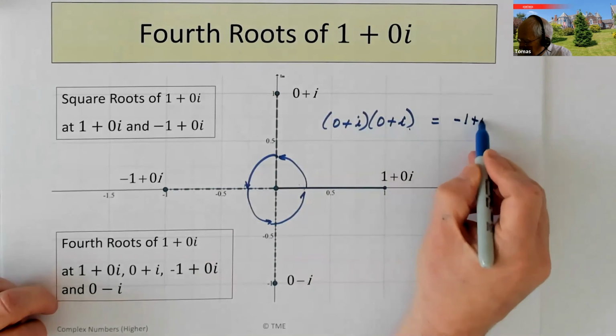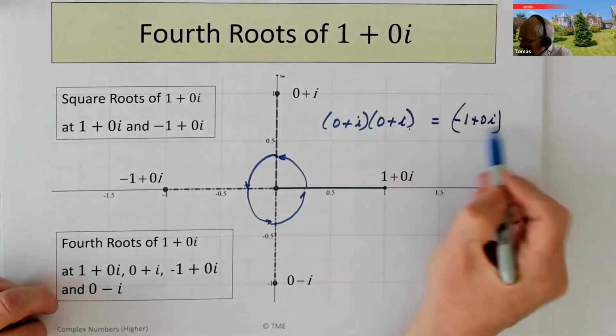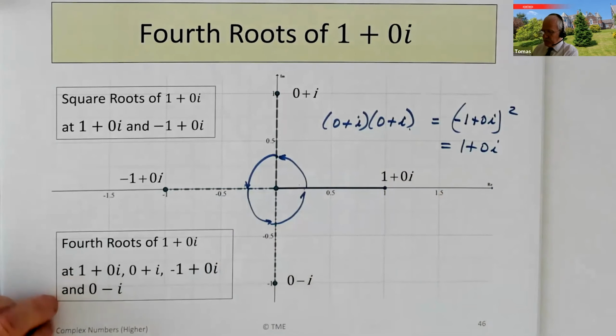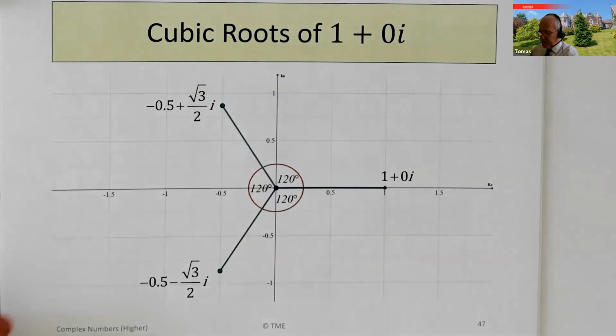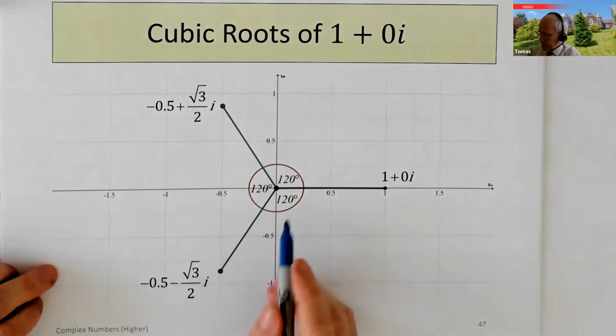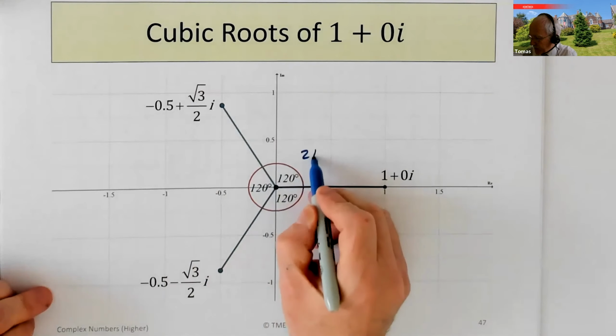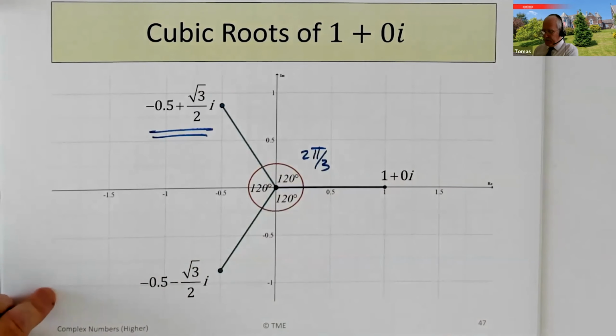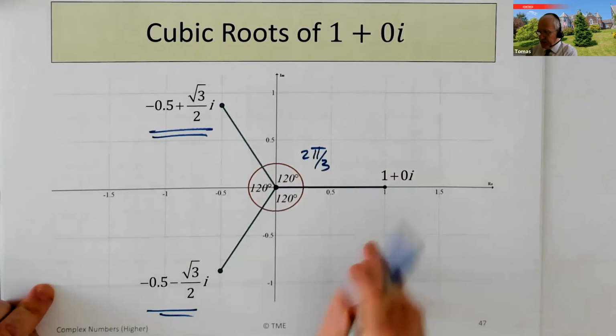So minus 1 plus naught I. And then if you square that, you end up with the 1 plus naught I. So that's the way it works. And these are the cubic roots. So again, they're 2 pi over 3 apart. Multiply that by itself 3 times, that by itself 3 times, you end up here.